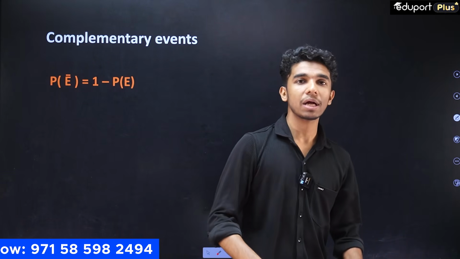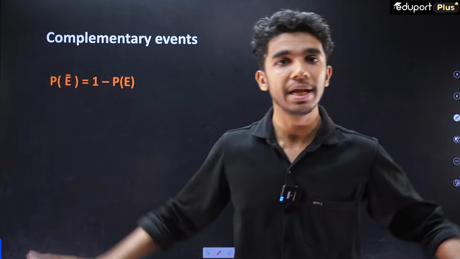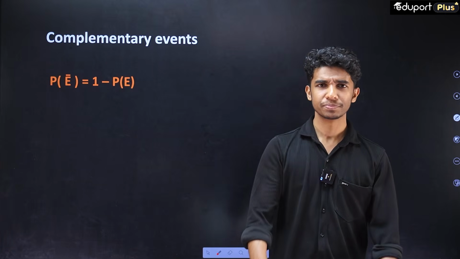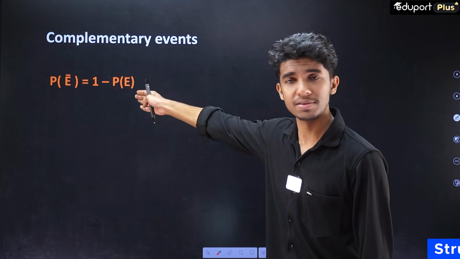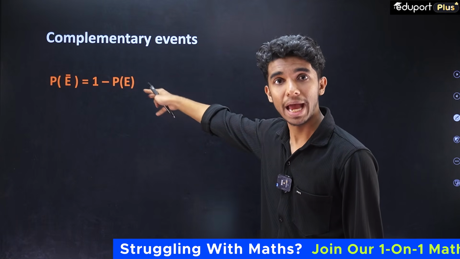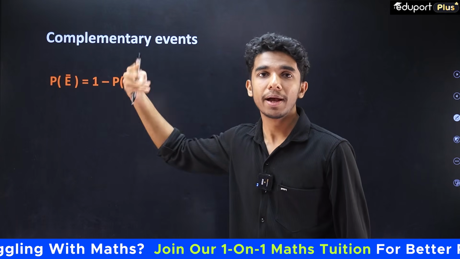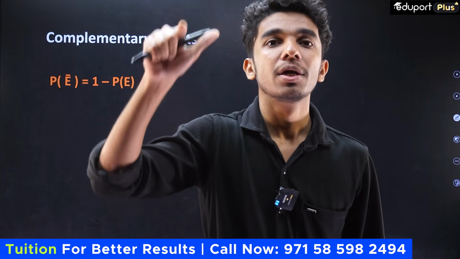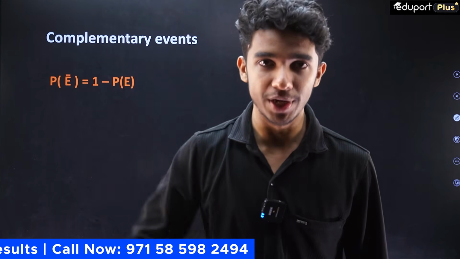You don't need any other book, idea, or YouTube channel. All the concepts I have said here, just look at them, and after that we will do a PYQ section. Make your concepts better with this video.